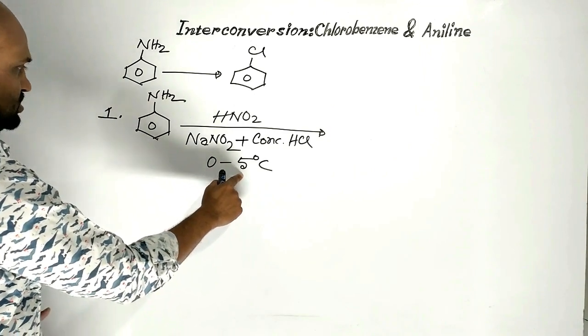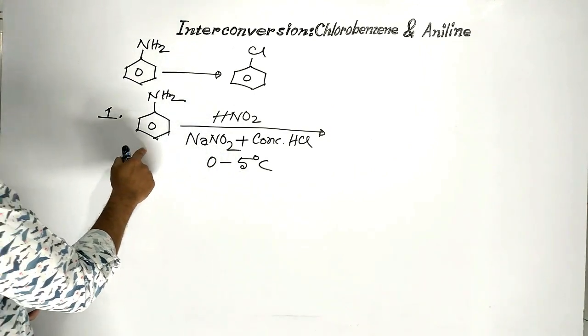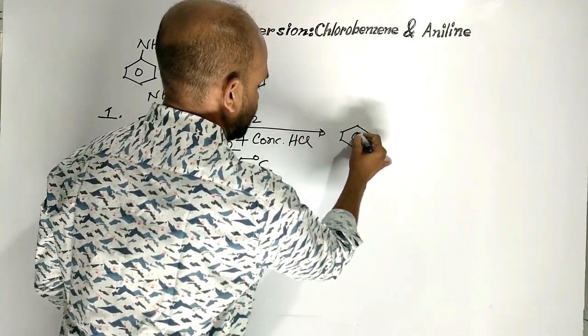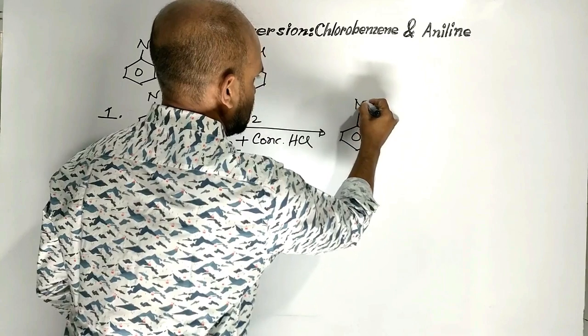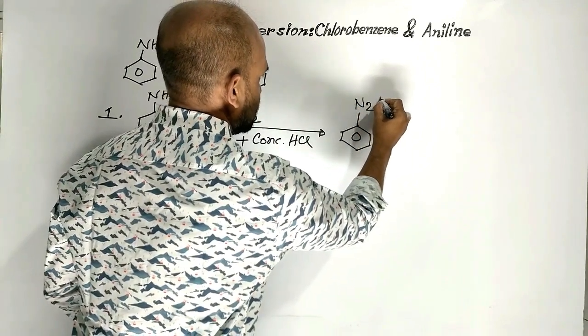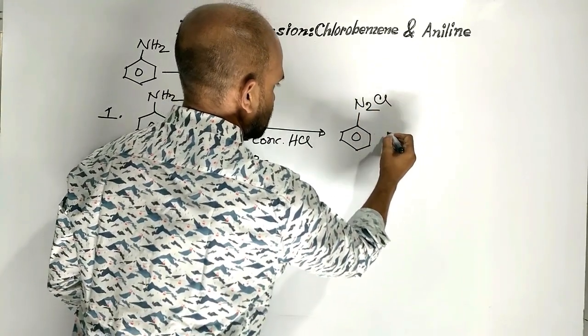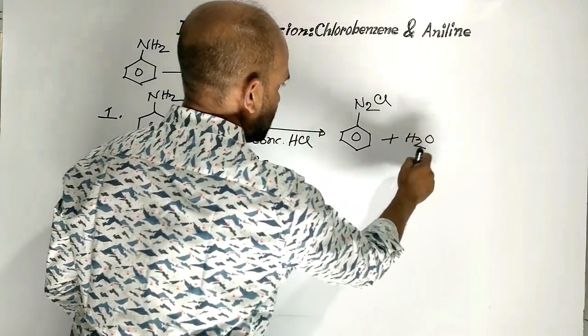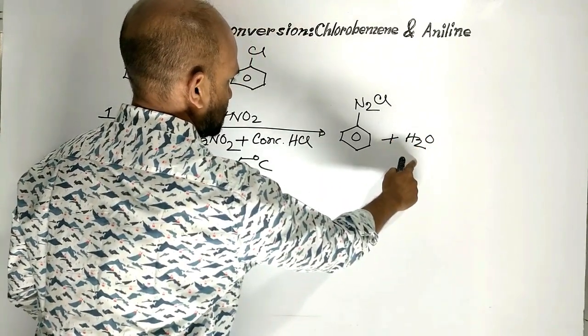As a consequence, aniline turns into benzene diazonium chloride. Here, water is formed as byproduct.